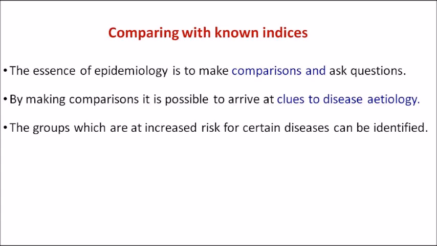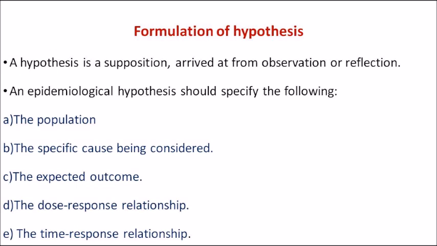And the last step is formulation of an etiological hypothesis. This is the very important and last step of descriptive epidemiology. A hypothesis is a supposition arrived from observation or a reflection. That is the definition of a hypothesis. But you should remember what all things a hypothesis should contain. It should have a population.